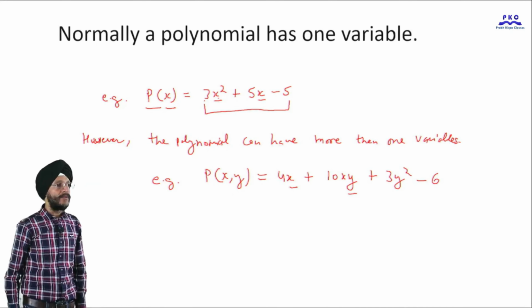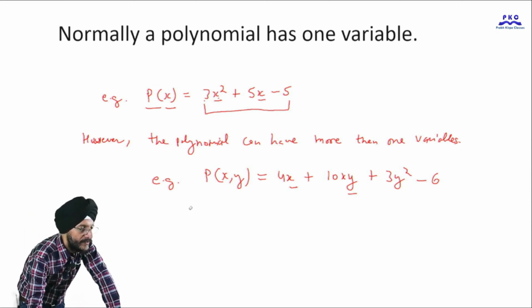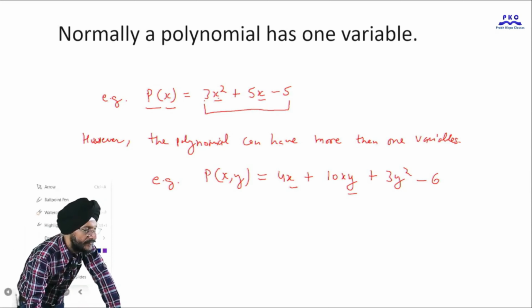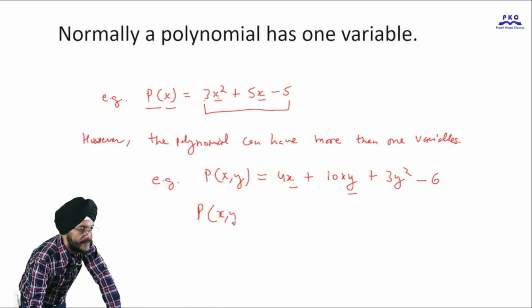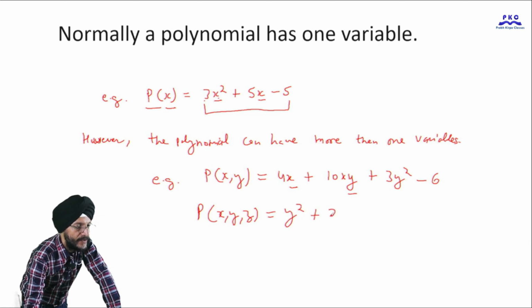Now we take another example of a polynomial with multiple variables. p(x, y, z) is equal to y square plus 2xz plus z cube.